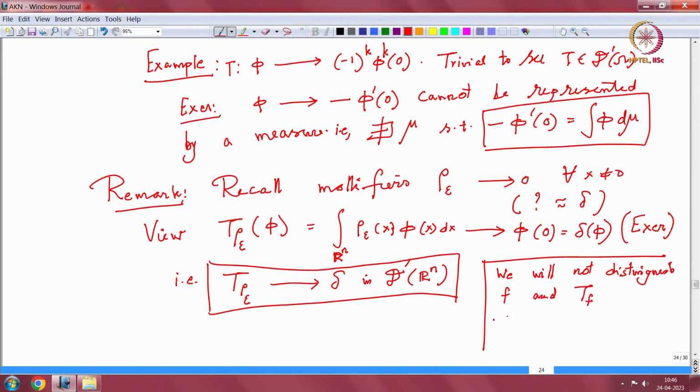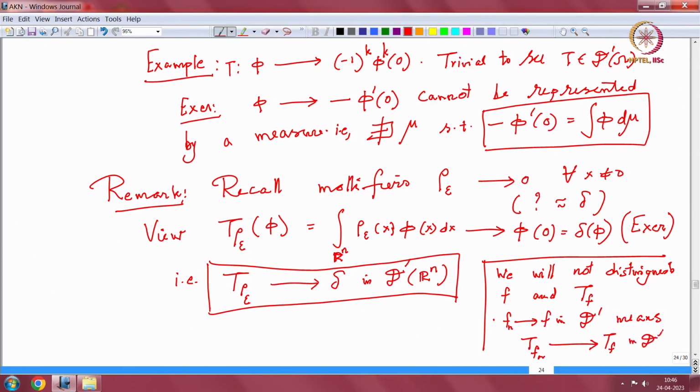What does that mean? If f_n converges to f in D', it means T_{f_n} converges to T_f in D'.